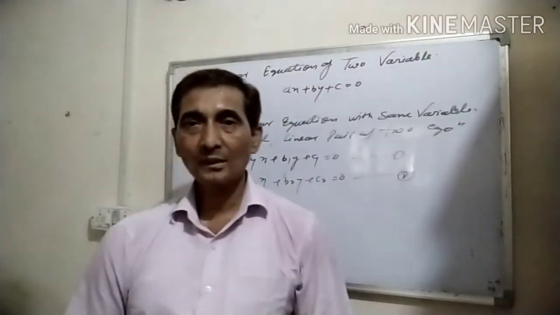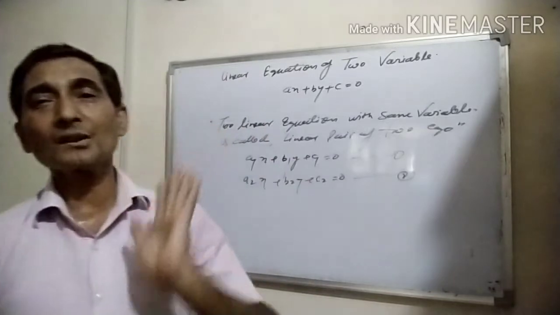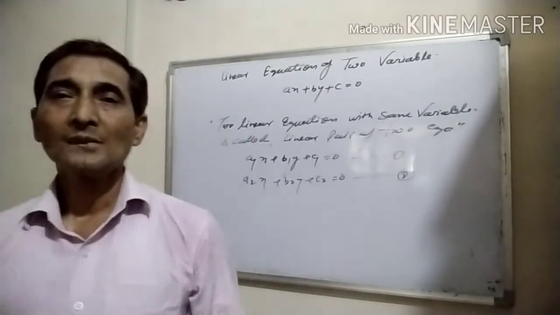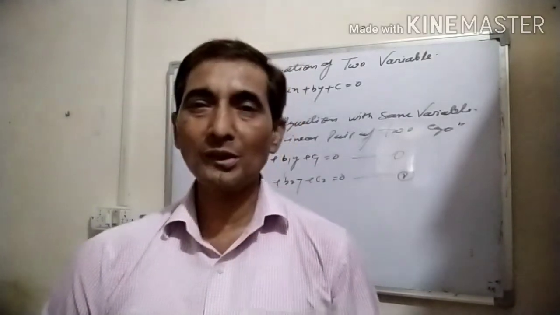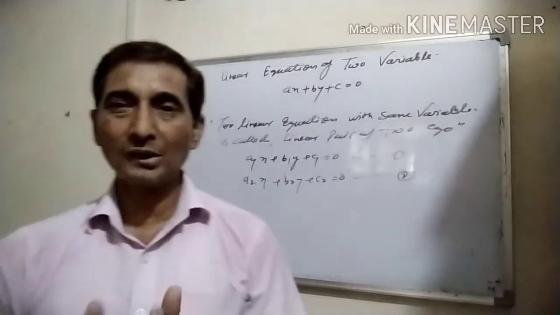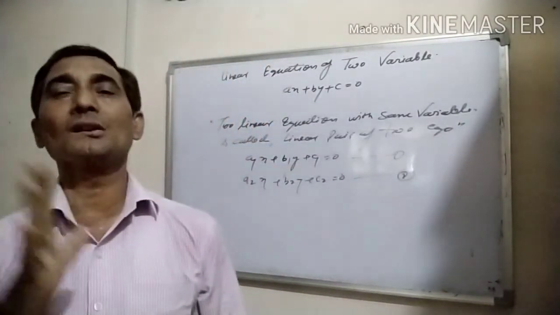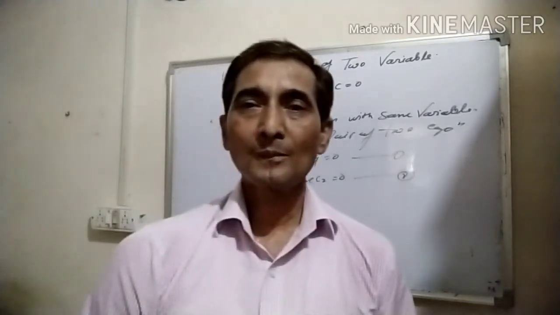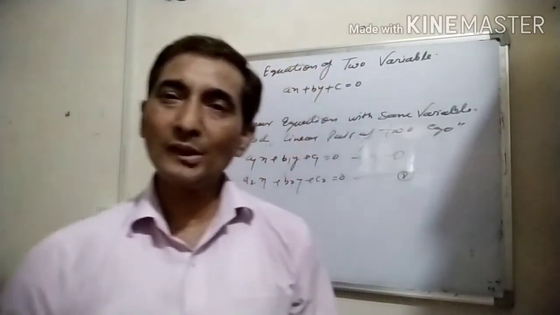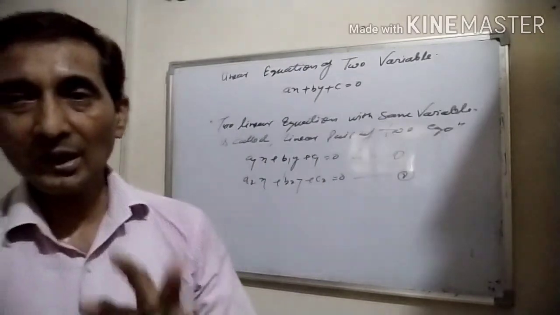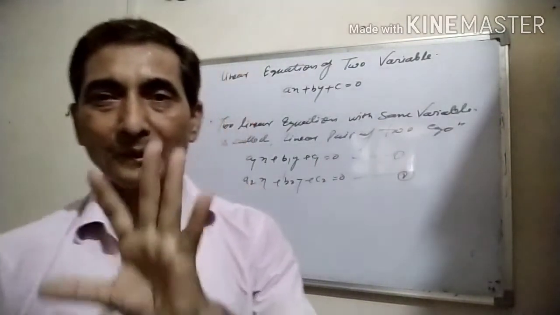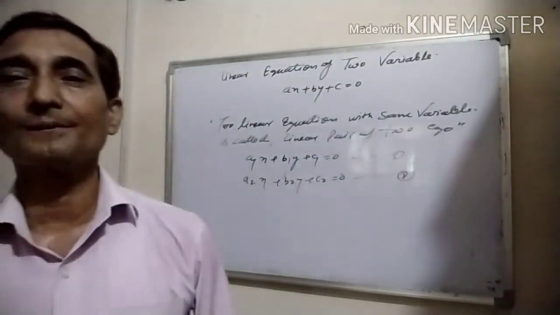But if there are two linear pair equations and we want a solution that satisfies both linear equations, that will be unique. There are three possibilities that may occur in this situation.